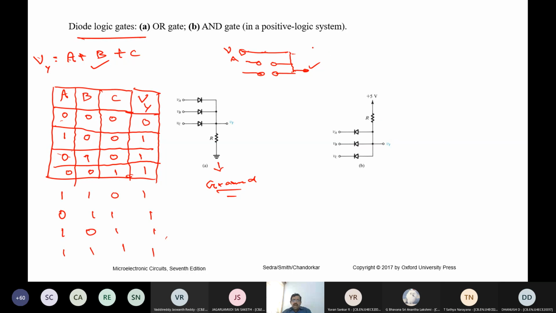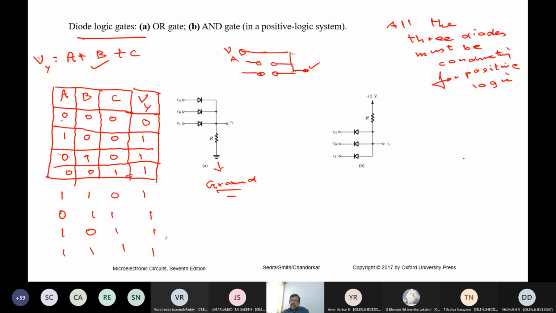But if I want an AND gate, then in this case it is necessary that all the 3 diodes, if it is positive logic, must be conducting. If it's a negative logic, all the 3 diodes can be open. Only then you will get an output.